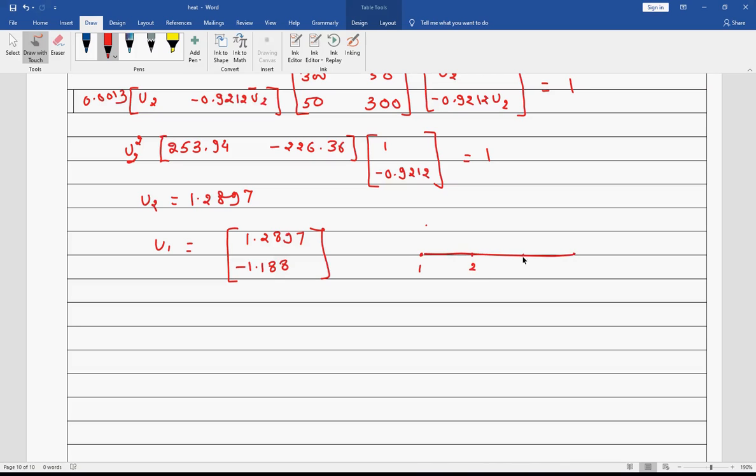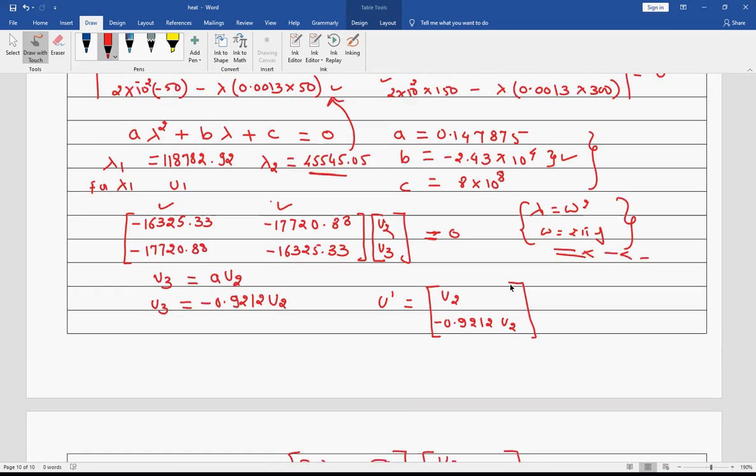So 1, 2, this is 3, and this is 4. So for 2, 1.2897, and for 3, minus 1.188. So my second mode shape would be like this. Okay, that's fine.